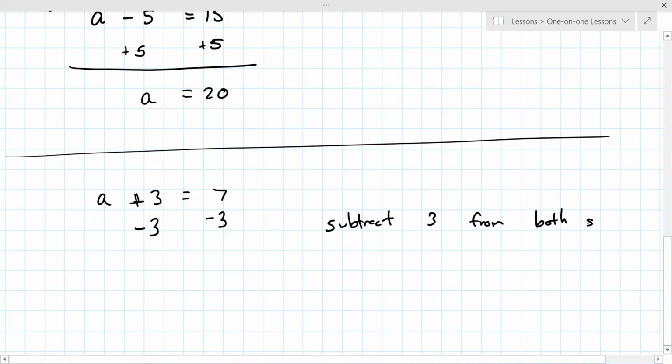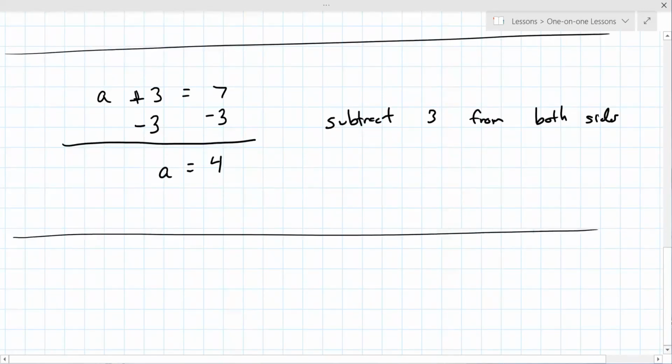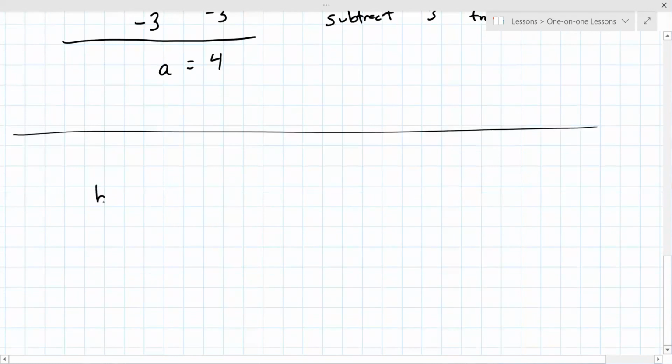Those are the words that go along with this math operation. I like to draw a horizontal line. This a comes down. A equals 4. Right. Let's try another one: b plus 9 equals 15. The b would be 6. Am I correct? It is.